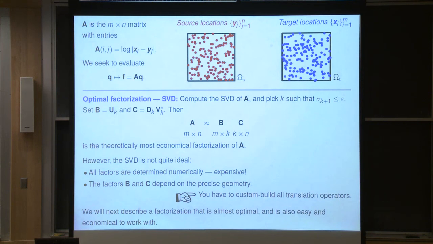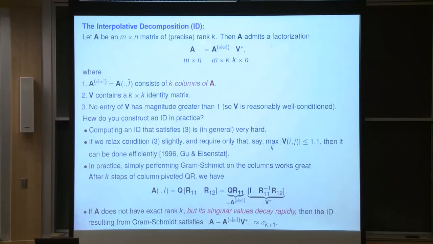For a given distribution of points, you just have to numerically compute all translation operators. And it really can be quite expensive. So for numerical work, this is not an ideal decomposition to work with. So we're going to introduce next a decomposition that's, in our applications, this is not always true, but in our applications, it's almost as good as a singular value decomposition, and it has a lot of the advantages of multipoles, in that we have more analytic expressions for handling things.